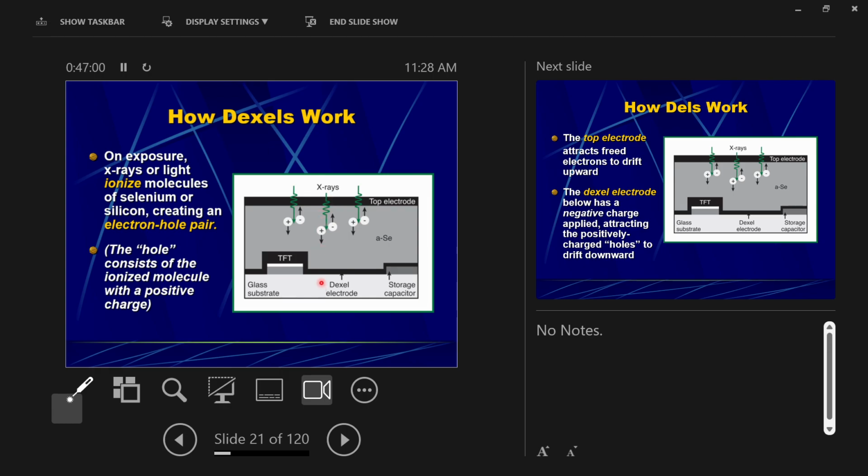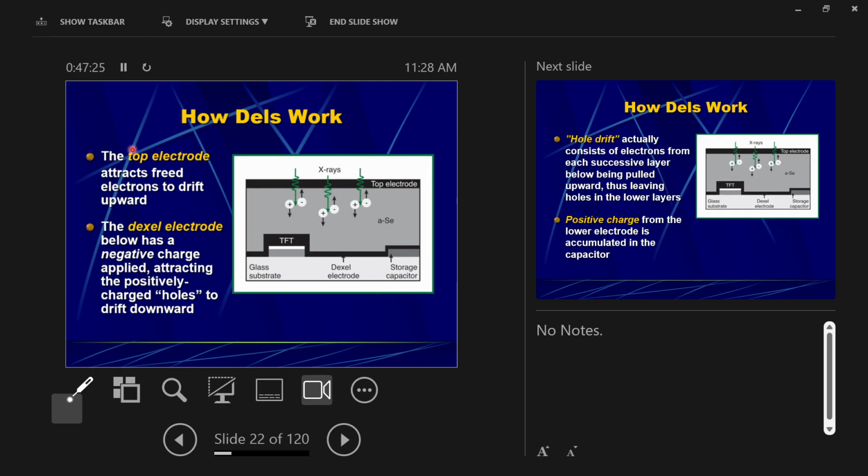They get separated. The electrons get pulled towards a positive charge up top, and the atoms left behind get pulled towards a negative charge down below. Opposites attract. This is going to generate a small amount of electric current, and we've created an electron-hole pair. We've split apart an atom, basically.